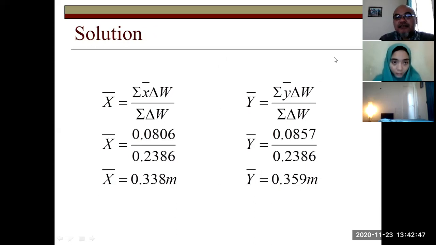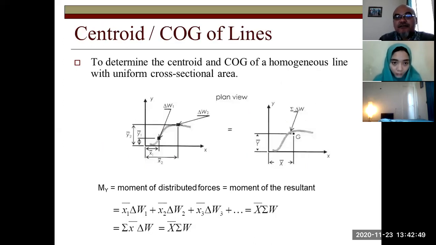Now let's have a look at the case of the centroid or center of gravity of lines. To determine the centroid and center of gravity of a homogeneous line with uniform cross-sectional area. So this is only a line structure without any area, for example a rope or wire, with uniform cross-sectional area.